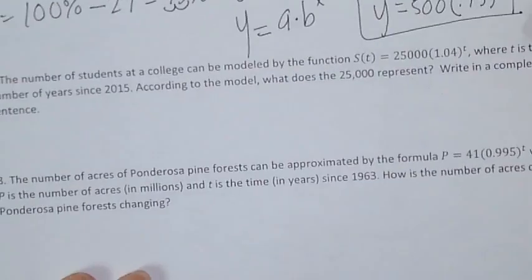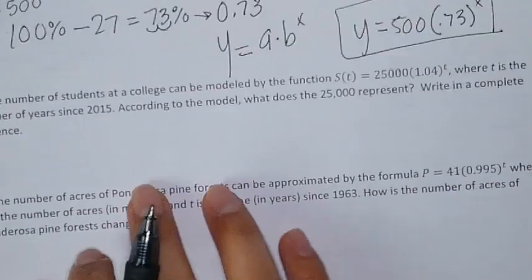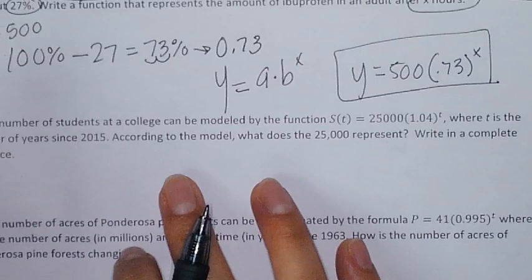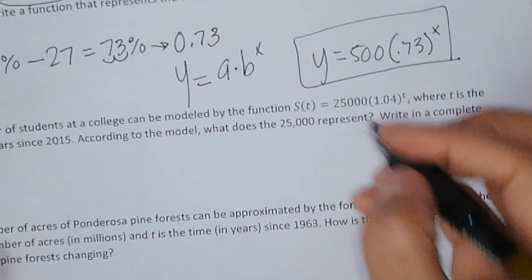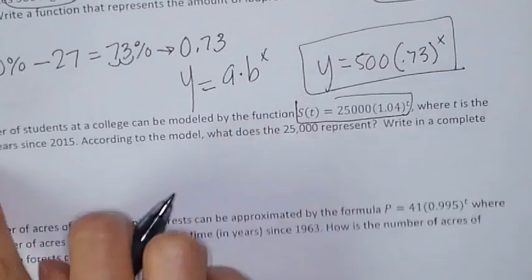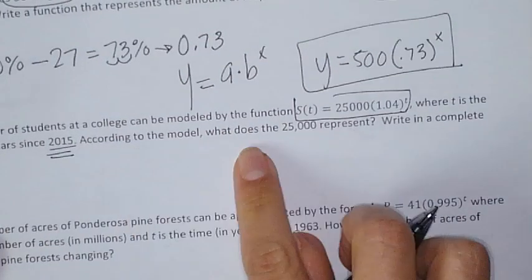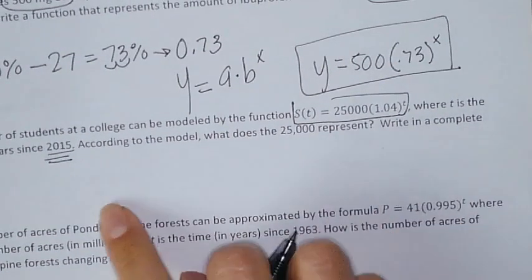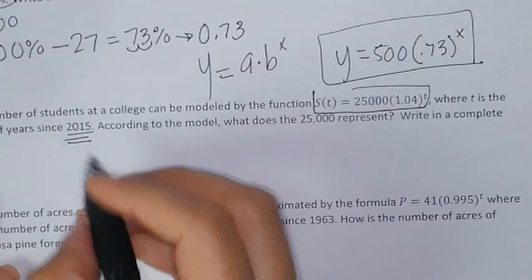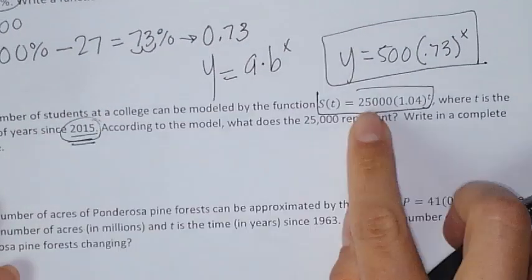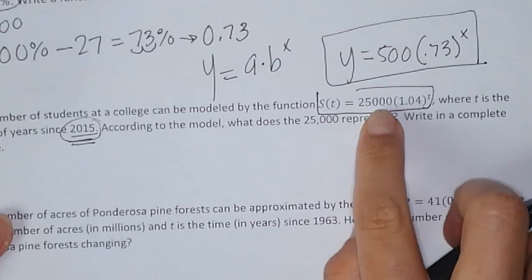Alright, number 7. The number of students at a college can be modeled with this function, where t is the number of years since 2015. According to the model, what does the 25,000 represent? Write it in a complete sentence. So it started in 2015. That means that this is the a, so that's the initial value.